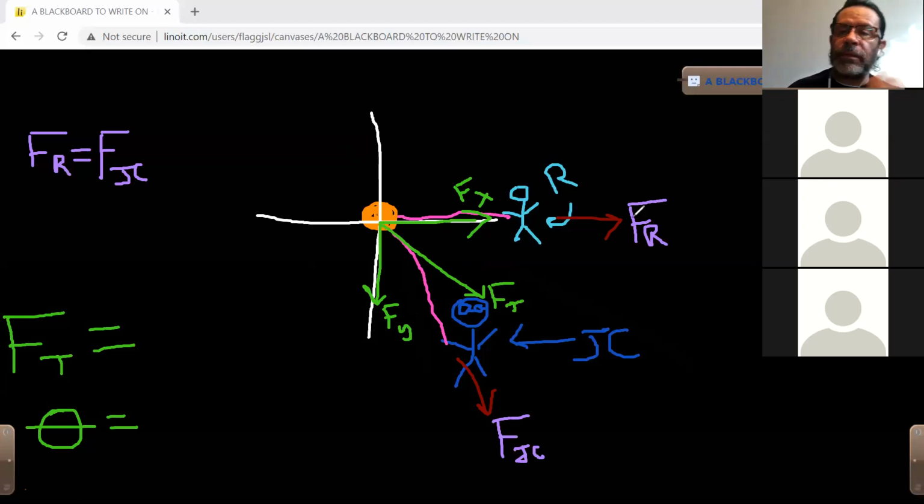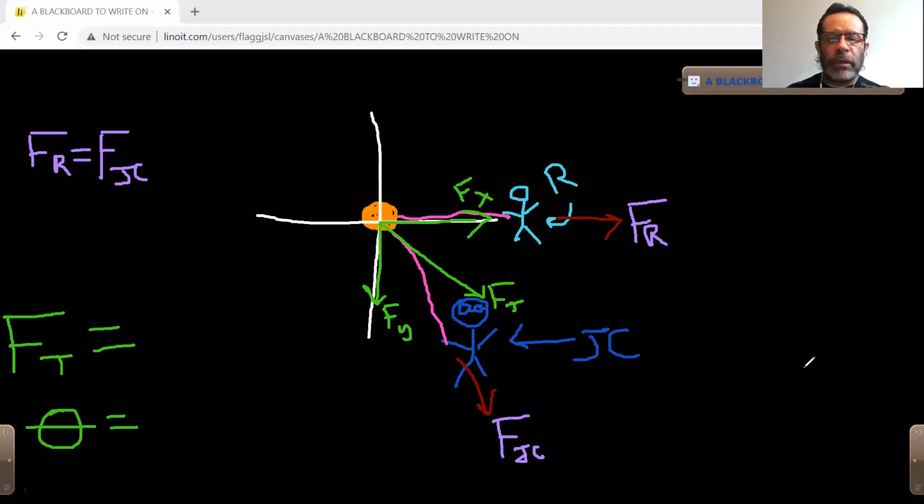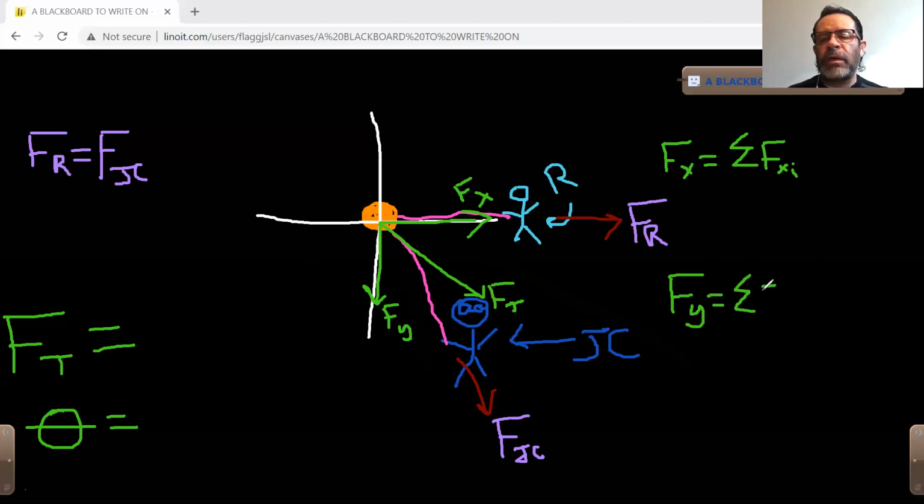Now, how do I calculate each of those components? Well, the x component of the total force is going to be the sum of all of the forces that are going in x. And the y component is going to be the sum of all of the forces that are going in y.